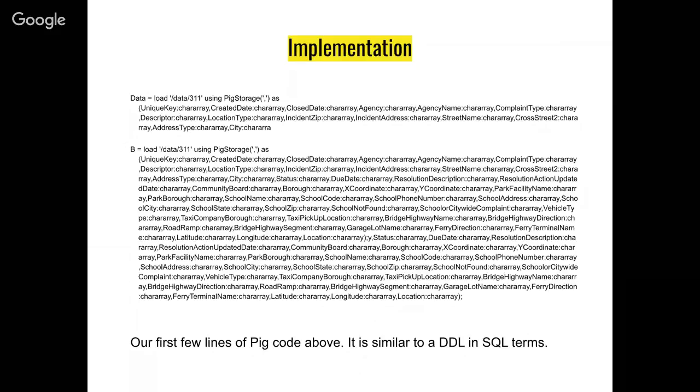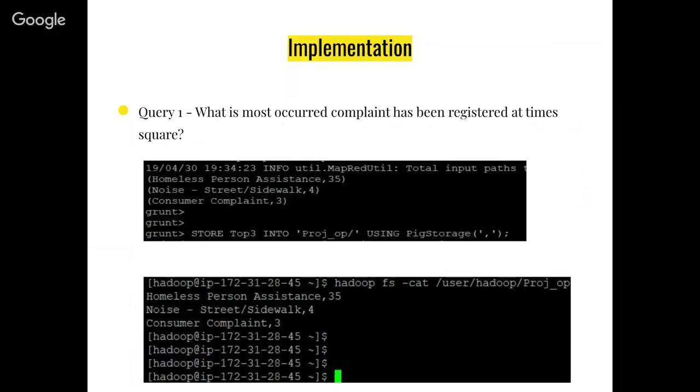Next, we have solved three queries, or three problems, for our final project. The first one is: what is the most occurred complaint that has been registered at Times Square? Here we load our data set into the Pig environment, and filter out the complaints registered only at Times Square.